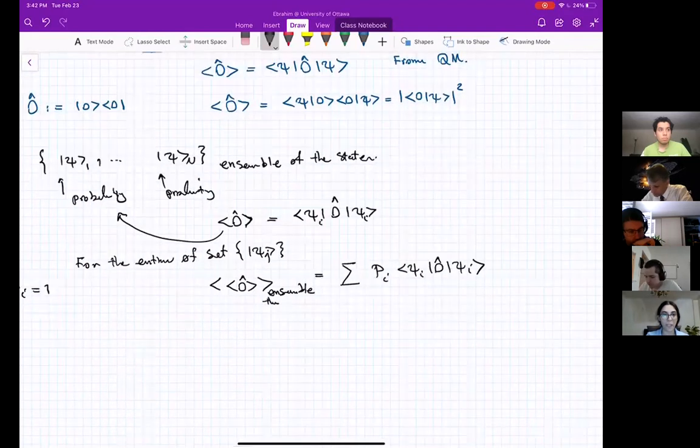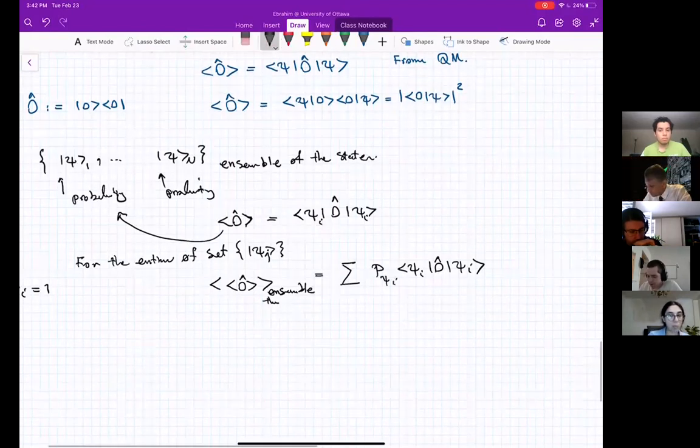Maybe it's better that we write that as P of psi i, where i is changing from 1 to n. Good? No problem? Okay, excellent.